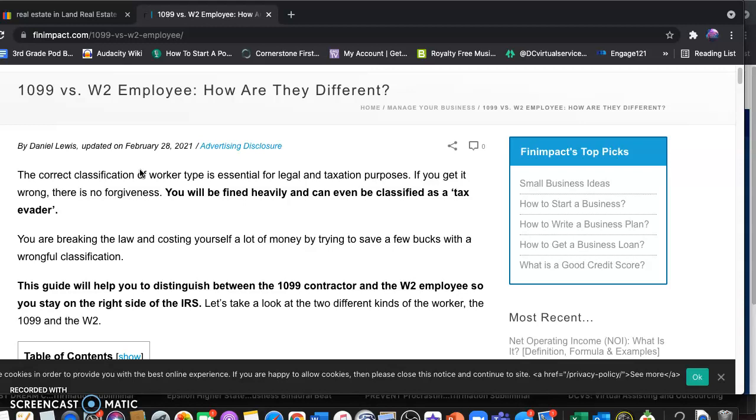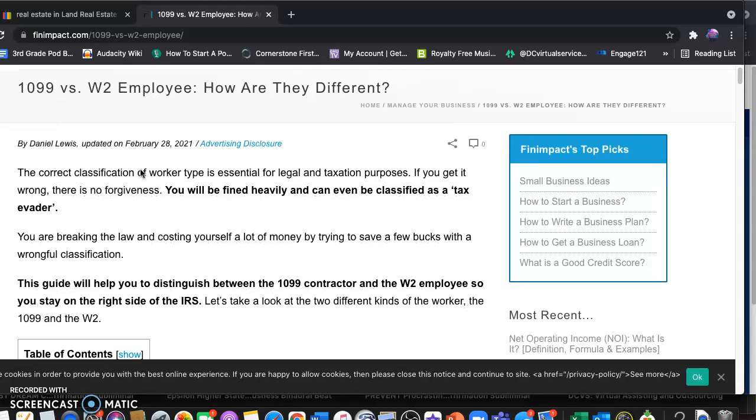They are taxed a little bit differently depending on the classification you fall into, and it's essential to know which one you are, especially if you are deciding to hire contractors or W-2 employees. As an employer, it's very essential that you know the difference between the two.